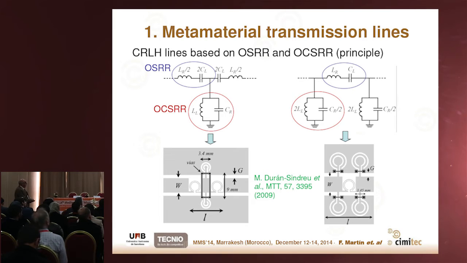So we can implement this, for instance, in CPW technology, as shown here. These are the OCSRRs. We put a pair in order to avoid as much as possible the slot mode. And here we have one OSRR here and one OSRR here.